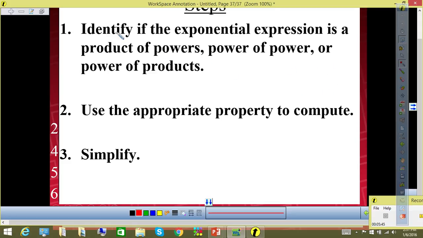But it says, identify if the exponential expression is a product of powers, power of power, or power of products. We're going to be looking at 3 properties. Step 2, use the appropriate property to compute. And at the end, simplify. Copy that, please.